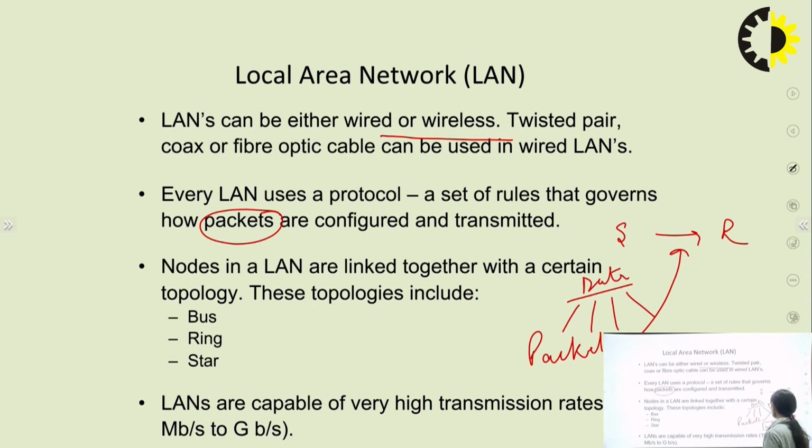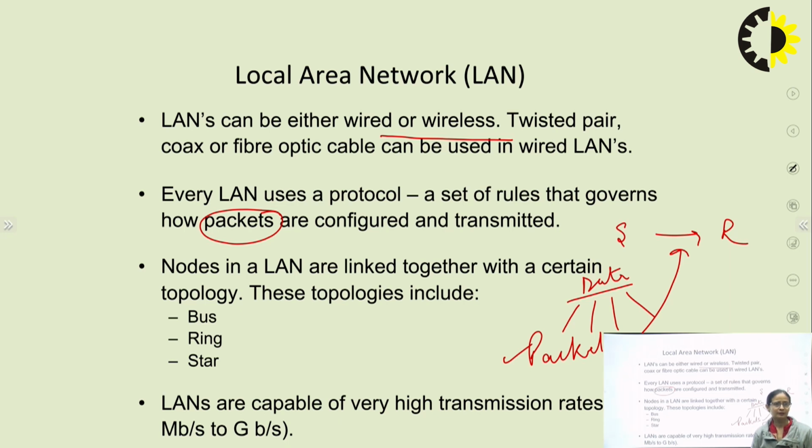The first part is the header, then the message, and then the trailer. Header and trailer basically act as control units which decide how your packet flows over the network, who the sending node is, who the receiving node is, at which port number the packet is going to be received, and so on. So all the information related to the communication is embedded inside this packet.